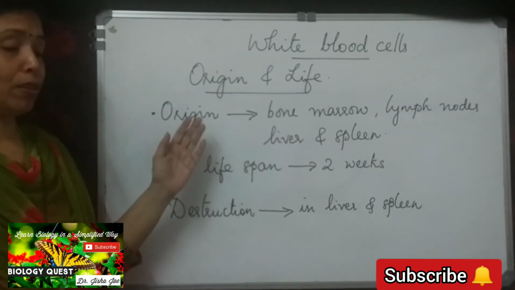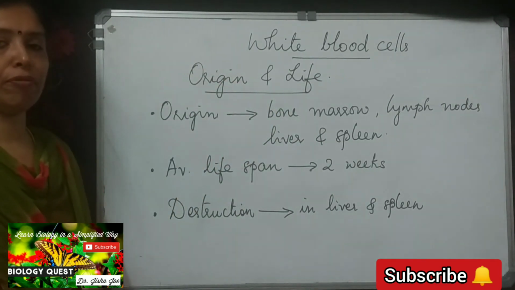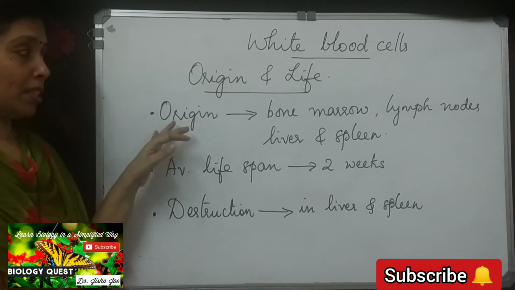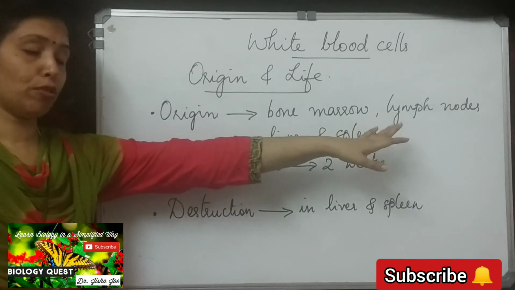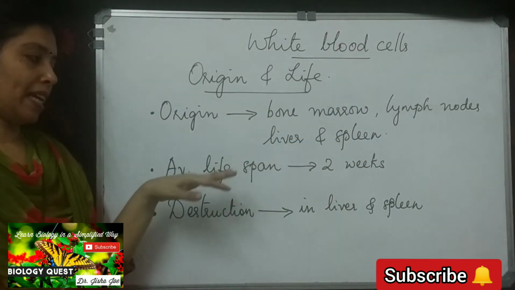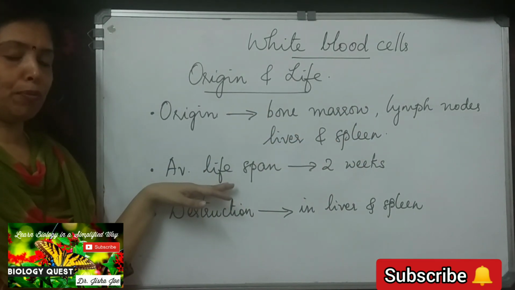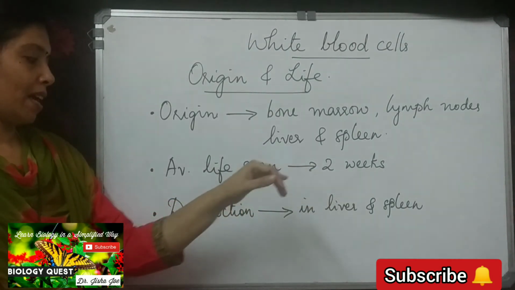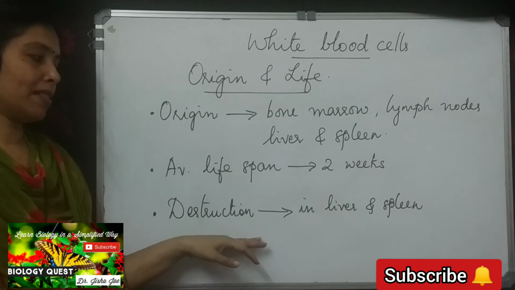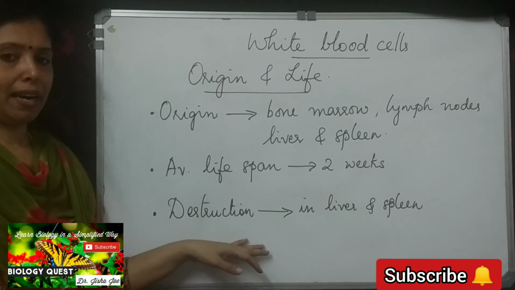Now let us have a look at the origin and the life of WBCs. WBCs have their origin in the bone marrow and the lymph nodes, and sometimes in the liver and the spleen. The average lifespan of WBCs is 2 weeks, and the old, worn out or damaged WBCs are destroyed in the liver and the spleen.